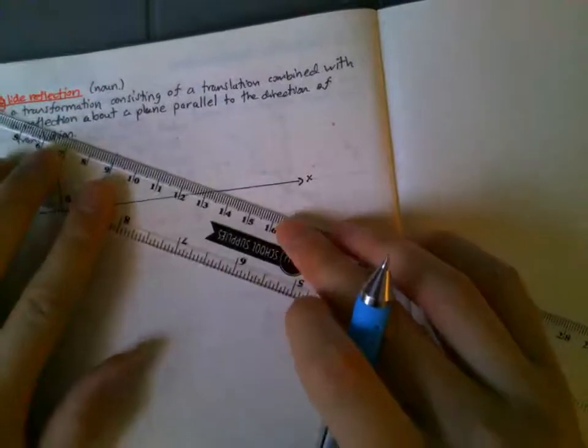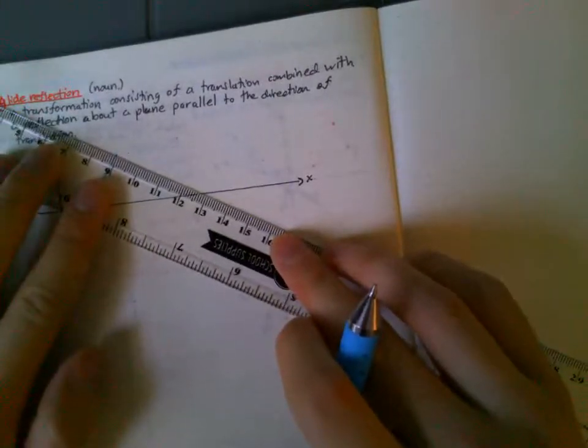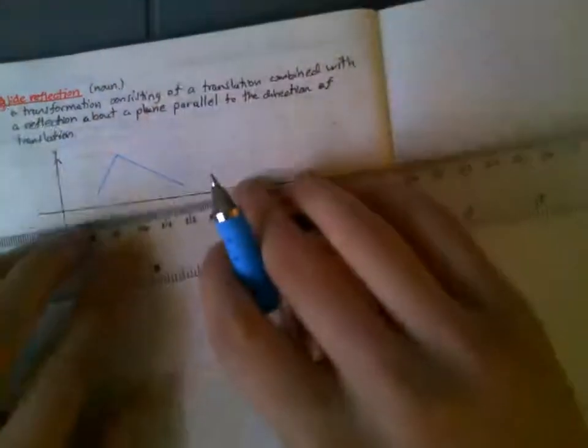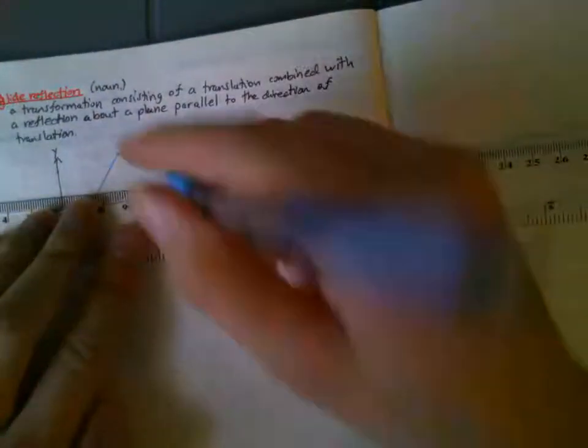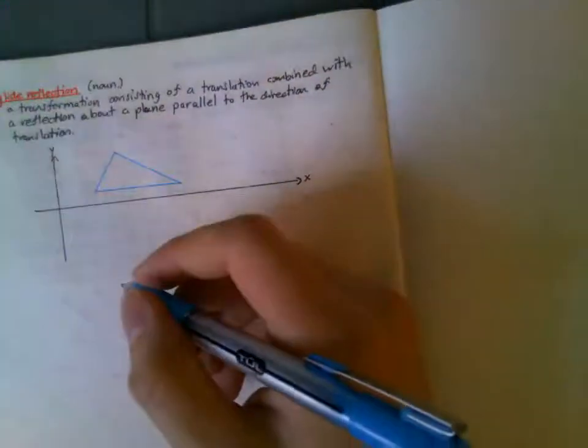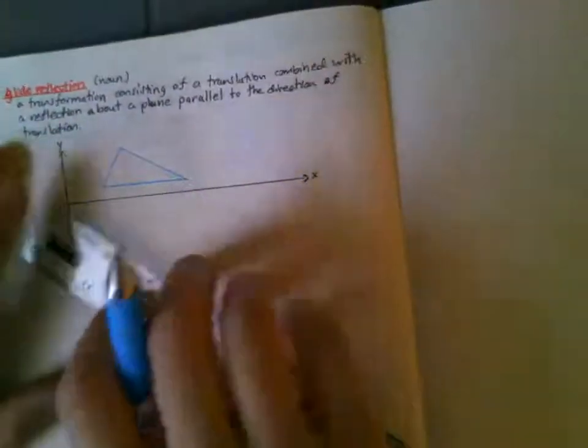Let's say I have a shape that looks like this, and I'm going to reflect it across the x-axis.